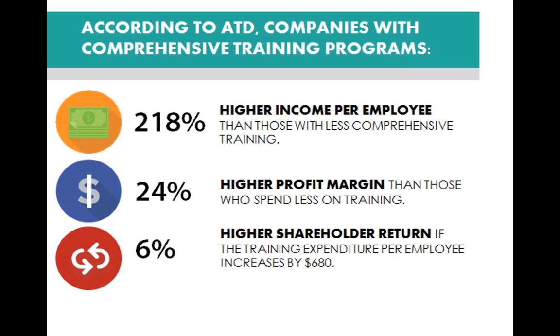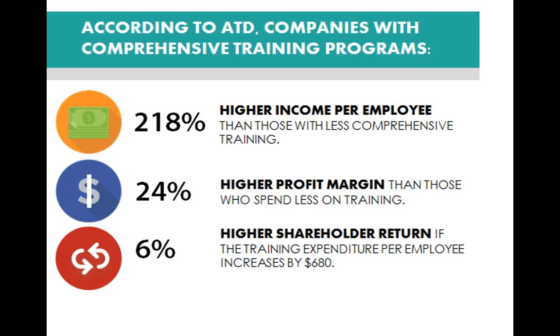But if you start to think carefully about comprehensive training programs, here are metrics that you can begin to work your way through in establishing, okay, if we stand still, look at this first one. Employees that have comprehensive training programs have 218% higher income per employee than those with less comprehensive training. Okay, that gets my attention if I'm a CFO.